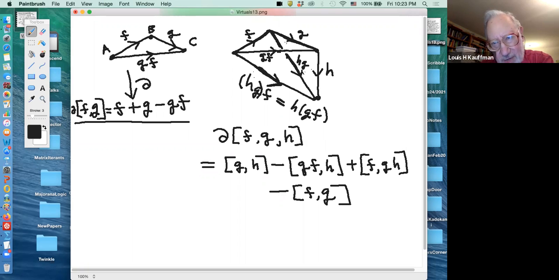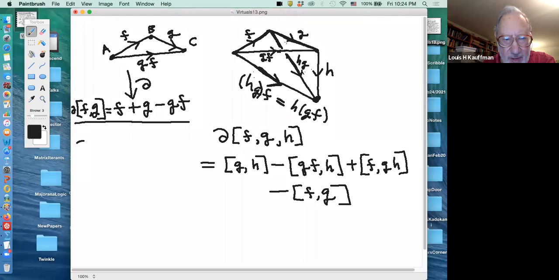There's the GH face. And there should be a face GFH, and there it is, GFH. And another face FHG, and there it is in back. So in general, I'll just say it in words. You drop the ends, you compose in the middle, and you drop the other end.